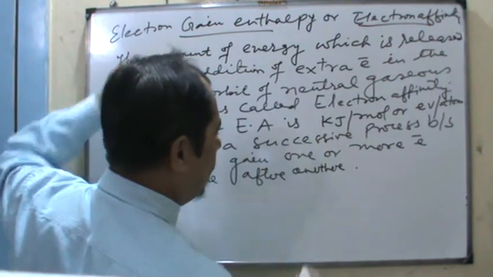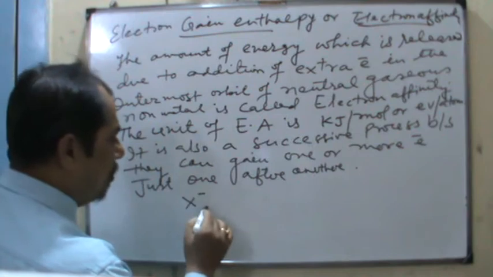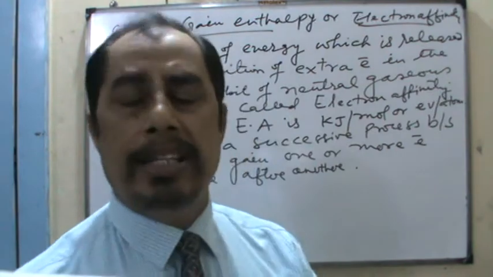For example, the halogens need only one electron, and it becomes a halide ion. That can be fluoride, chloride, bromide, as well as iodide.